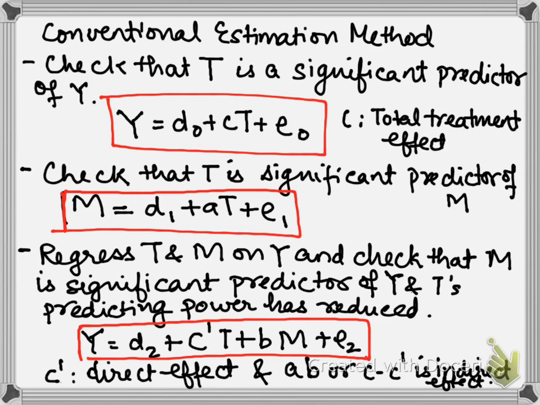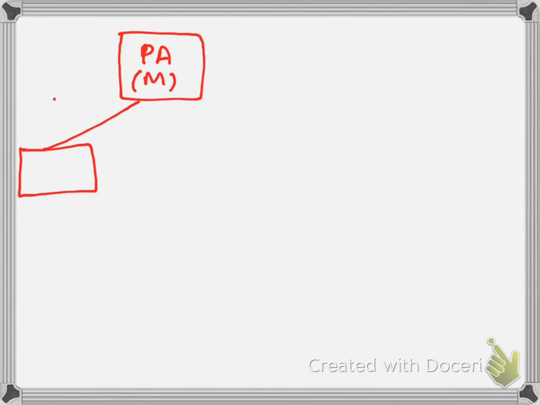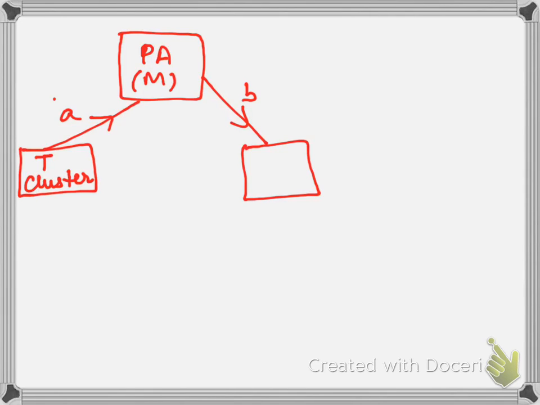So remember that little graph that we had. Basically, this is our physical activity, the mediator. This is the treatment T, which is our cluster affiliation. This is A, this is B, this is Y, which is the adiposity measure.